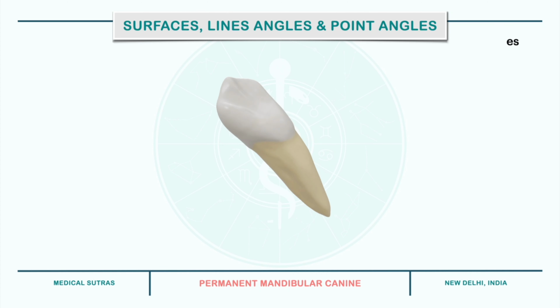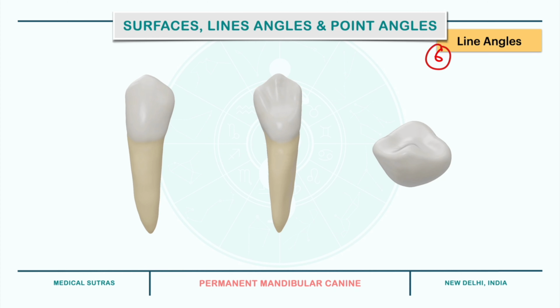Next, the permanent mandibular canine has 6 line angles. These are formed by the junction of two surfaces and derive their name from the combination of the surfaces that join.